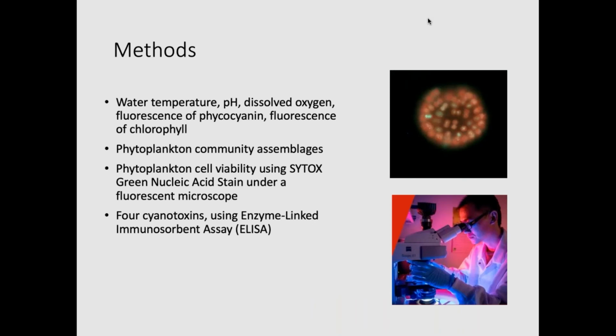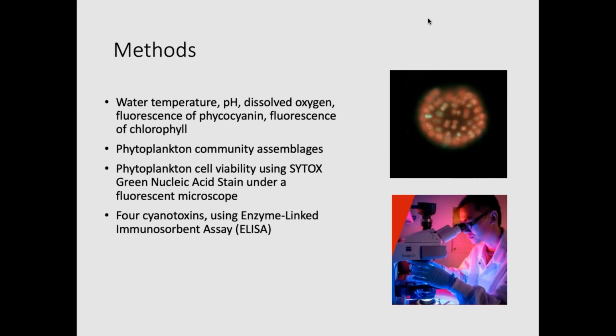We monitored water temperature, pH, dissolved oxygen, fluorescence of phycocyanin, fluorescence of chlorophyll, and studied phytoplankton community assemblages. Phytoplankton cell viability was determined using SYTOX Green nucleic acid stain under a fluorescence microscope.